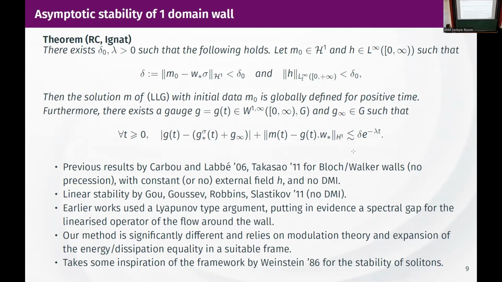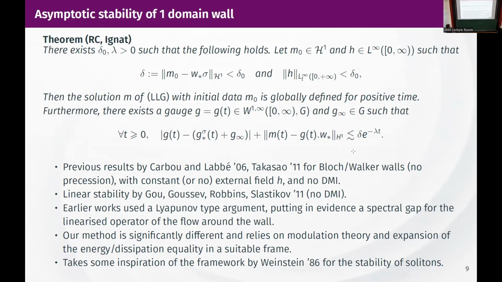And as I mentioned, it's important for me for these problems. I also have some ideas to do some control theory on this and to use the magnetic field as a control. The idea is to not work on the flow. I don't want to look at the linearized flow.